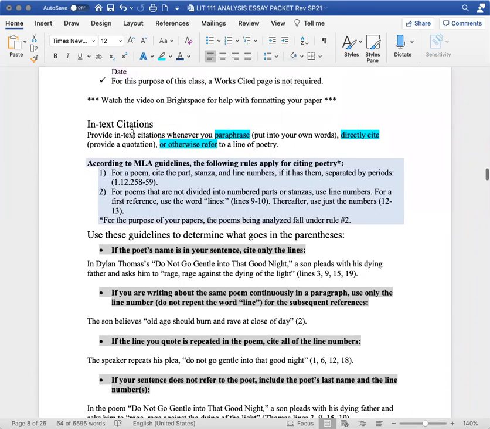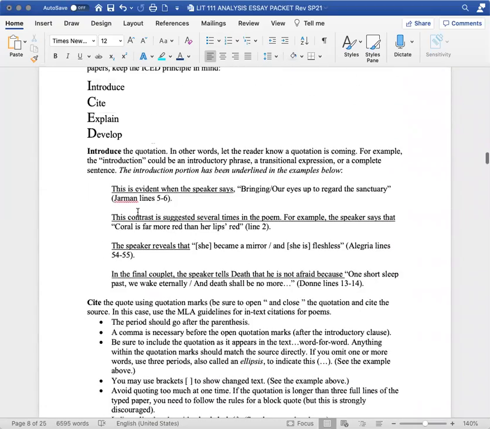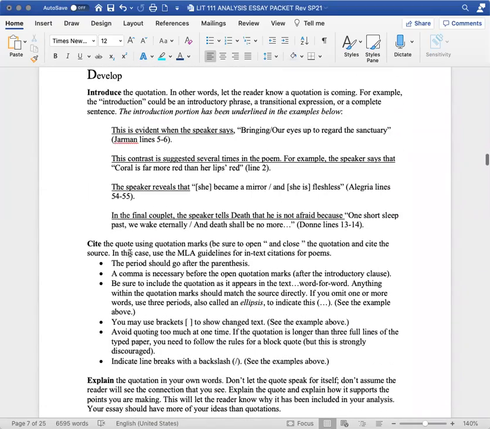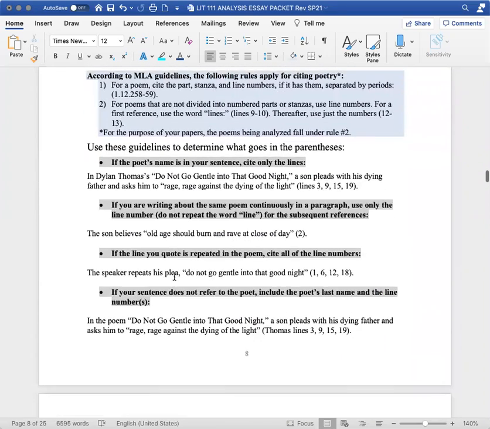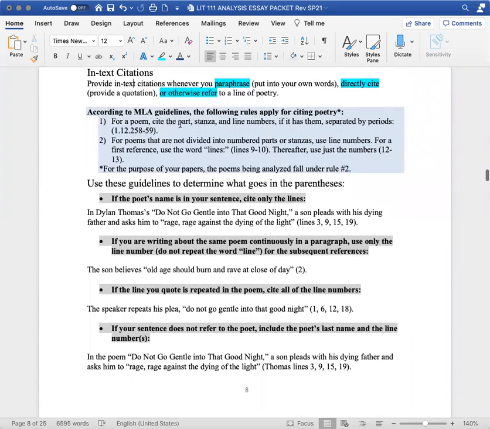The in-text citations, we just went over above. This cite part explains all this, but here it goes into a little bit more detail. So according to the guidelines, there's 2 rules for citing poems. We're going to use the second rule because none of the poems that we have are separated by parts and stanzas.